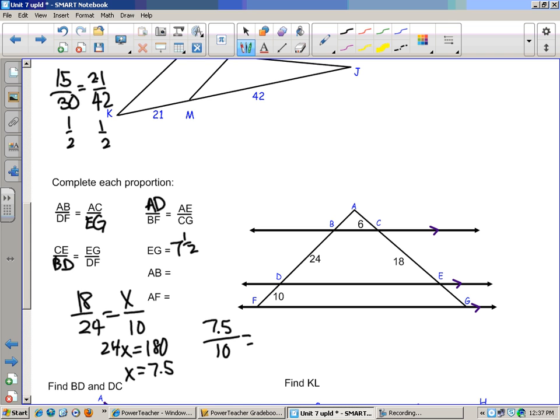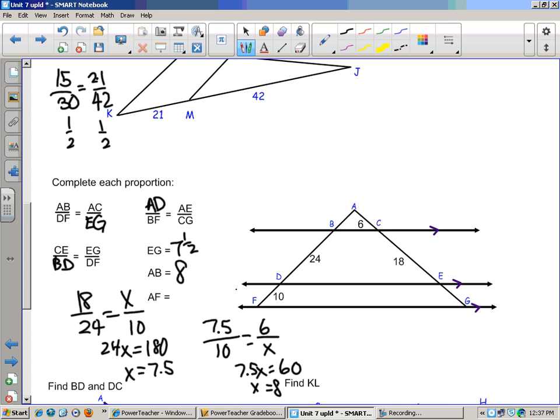So 7.5 is to 10 the way 6 goes to X, since we're solving for AB. Cross multiply, I get 7.5X equals 60. Oh gosh, was that 8? I get 8.